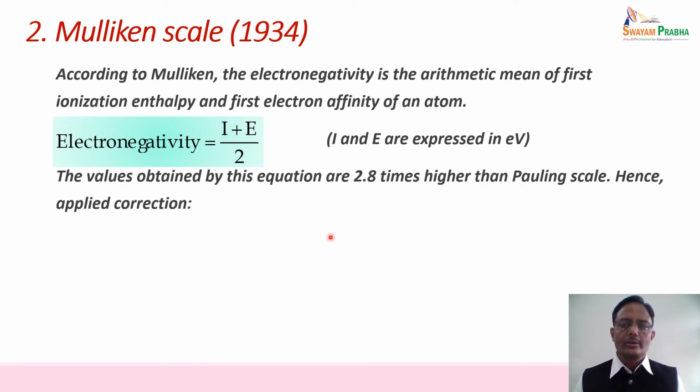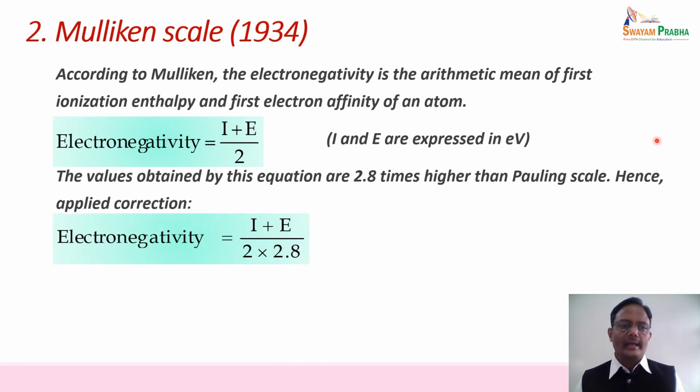Hence, in order to match the two scales, a correction factor of 2.8 was applied, and according to the Mulliken scale, the electronegativity was put as I plus E, that is ionization enthalpy plus electron affinity, divided by 2 into 2.8. Now, if I and E values are put in electron volts, then the Mulliken scale almost matches with the Pauling scale.